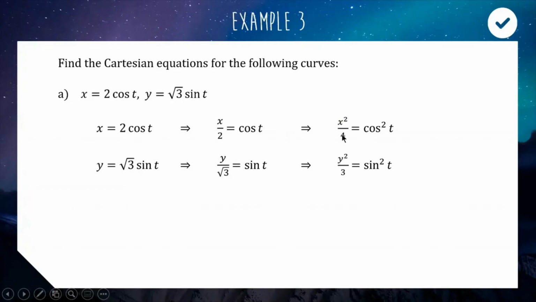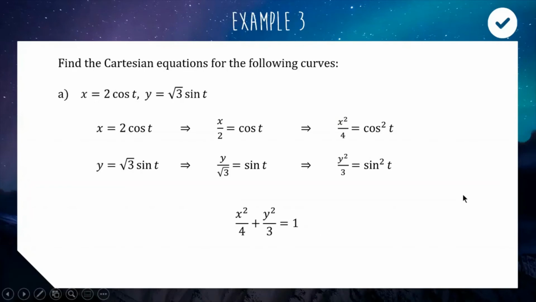So we get x squared over 4 equals cos squared t, and y squared over 3 equals sine squared t. Now once again we can add these two equations together, because sine squared plus cos squared, no matter what the variable is, is always going to be 1. So we get our answer of x squared over 4 plus y squared over 3 equals 1.